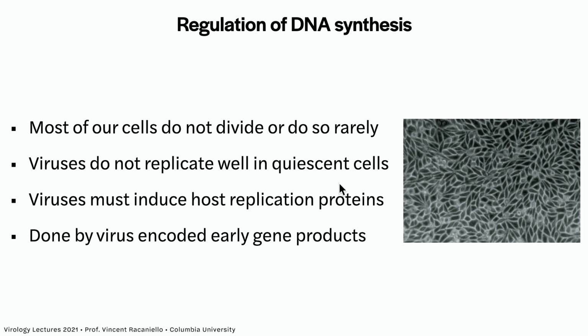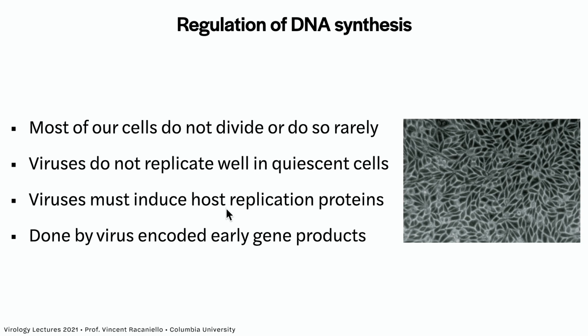And that's a problem for viruses because many of them do not reproduce well in quiescent cells. Why? Because if a cell is not dividing, it's not making DNA, and there's no DNA reproduction machinery available for reproducing viral genomes. Makes perfect sense. So when a virus infects a cell, of course, a virus will infect any kind of cell, whether it's dividing or not.